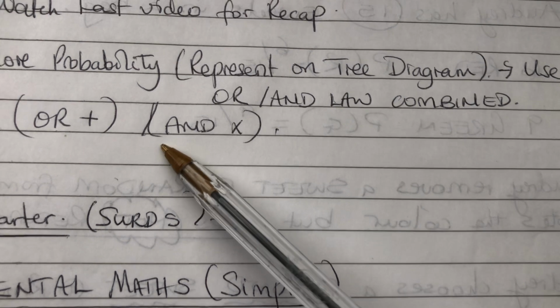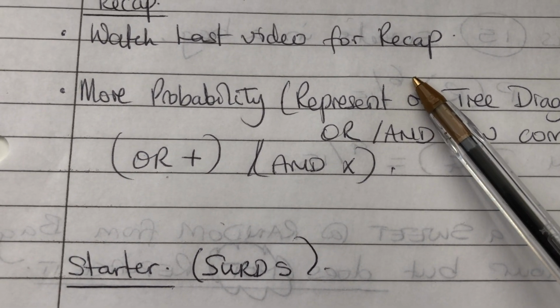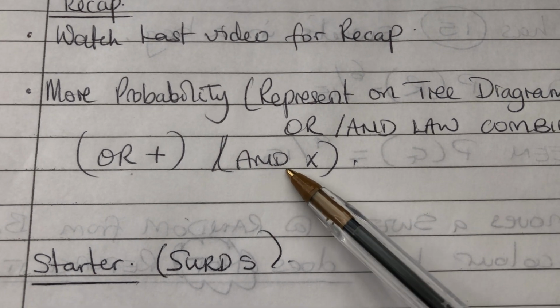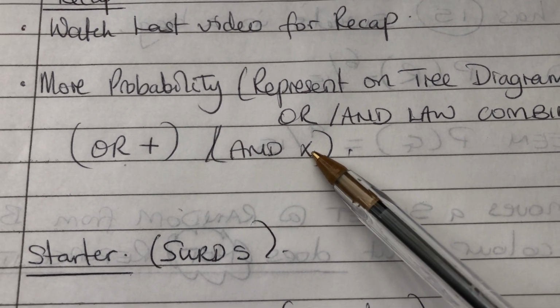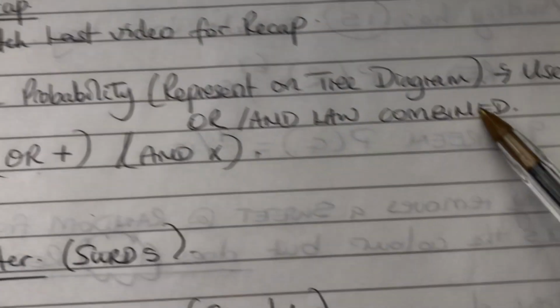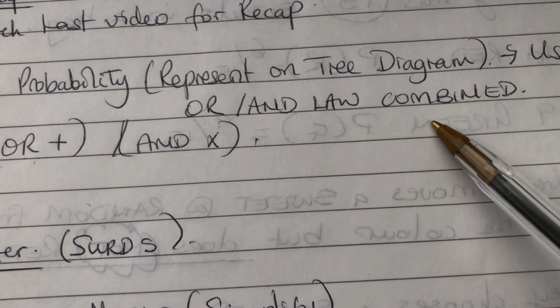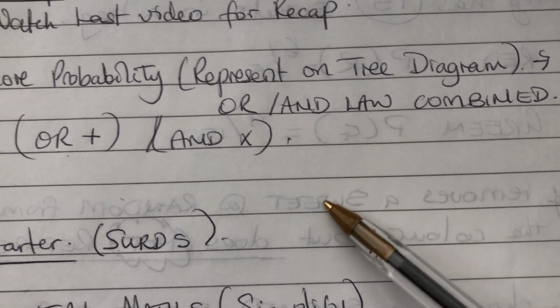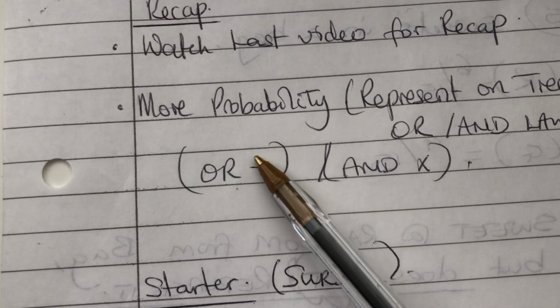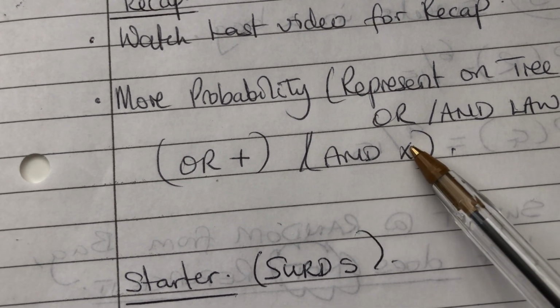Now watch the last video for recap. It is all about probability. We did more probability questions, represented on tree diagrams. We use the or and and laws combined. We know that when it's or, we add, and when it's and, we times.